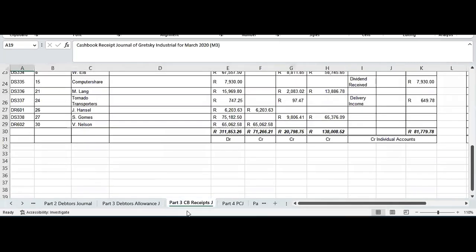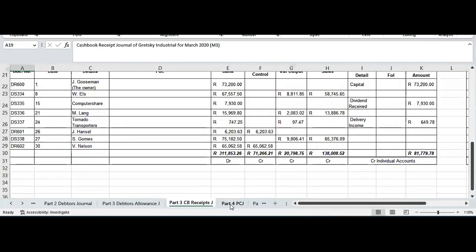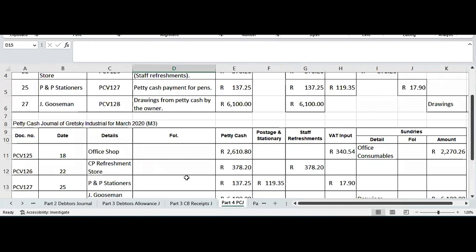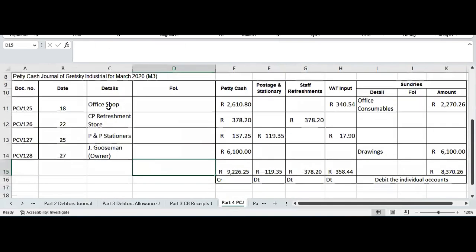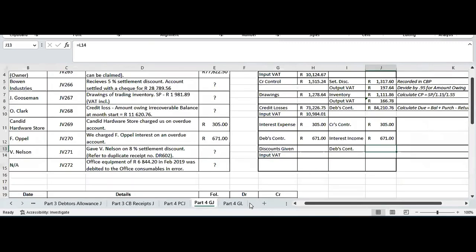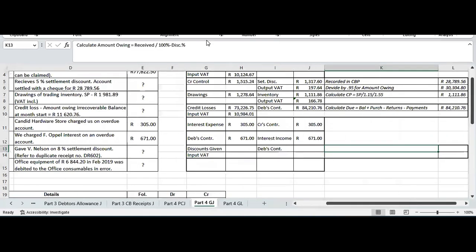Obviously, he's not going to feature in our cash book receipts because he's a debtor. And then here in our petty cash, we might go and look and see if he features. He doesn't. Okay. So what we need to do is calculate the amount that he was owing. It is equal to the amount received divided by 100 minus the discount.